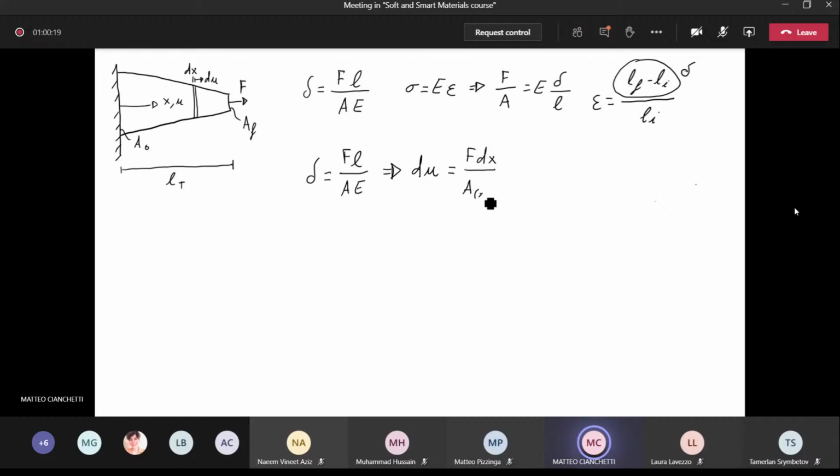So we should consider it as a function of x multiplied by E.